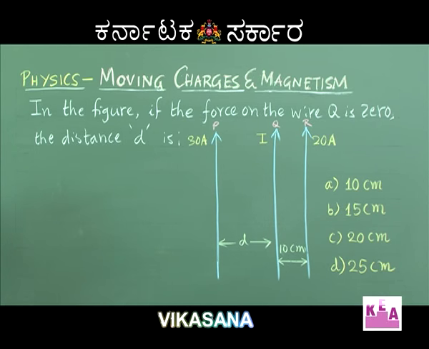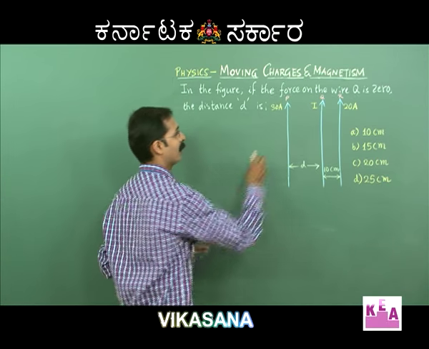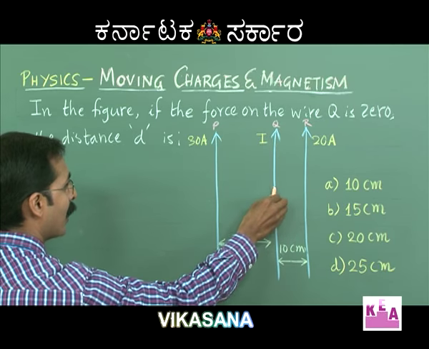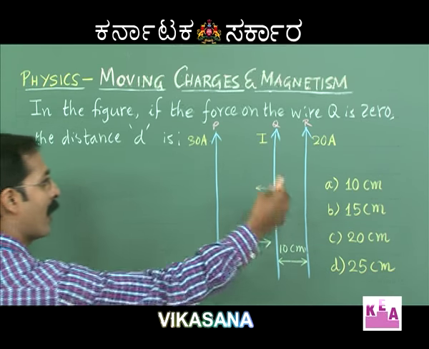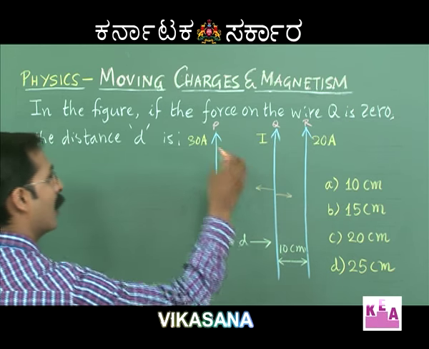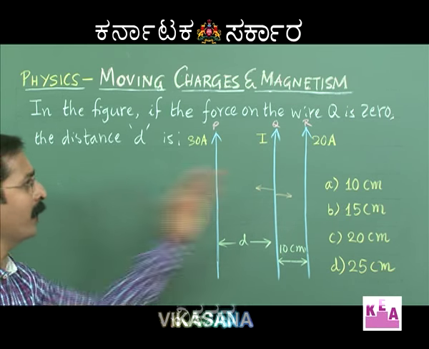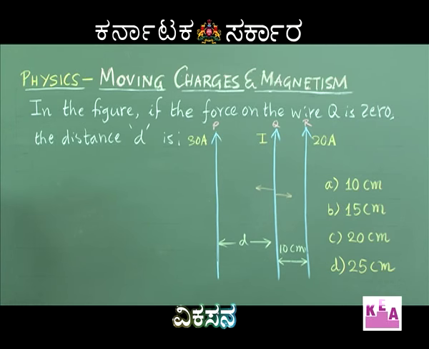I am given the condition that the wire Q experiences no force. Why does it not experience any force? Because these two currents are parallel, wire P exerts an attractive force on wire Q, and these two currents are in the same direction, therefore they attract each other, so wire R exerts an attractive force on wire Q. Q is experiencing no force because the attractive force due to P is exactly equal to the attractive force due to R, therefore the net force on wire Q is 0.